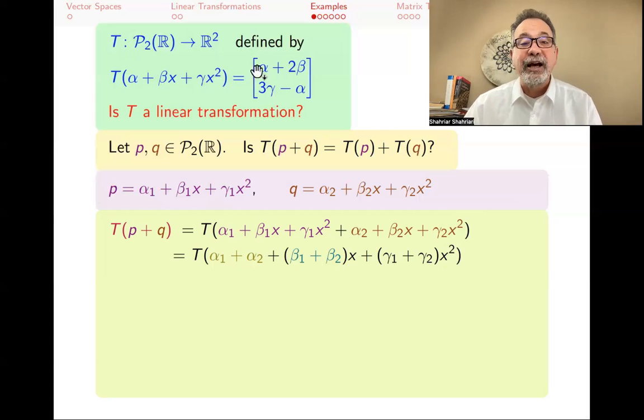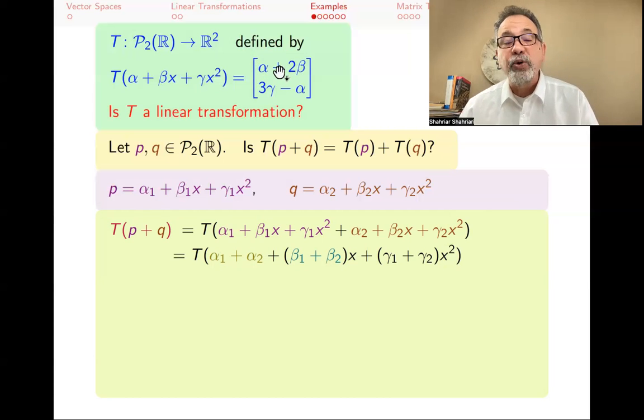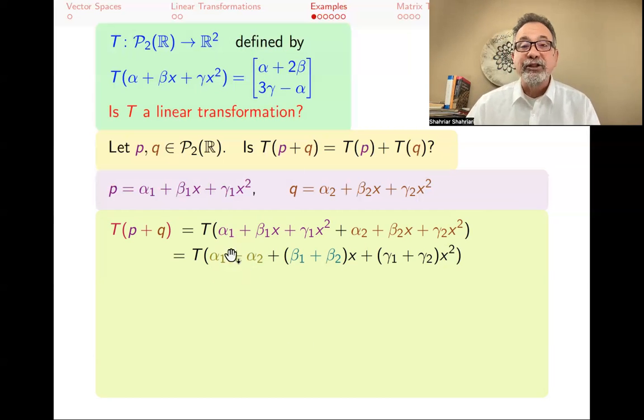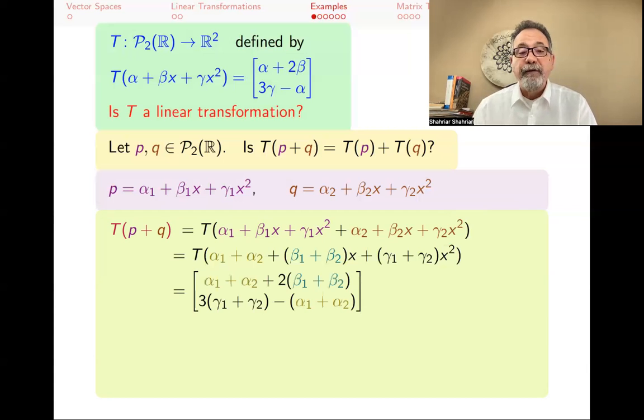My rule says take the constant term and add it to twice the coefficient of x. So I take the constant term, which is alpha 1 plus alpha 2, and add it to twice beta 1 plus beta 2. And I do the same thing for the second entry, 3 times the coefficient of x squared minus the constant term, and I get this. But now I'm living in R2. Now I've moved over to R2. In R2, I know how to manipulate things.